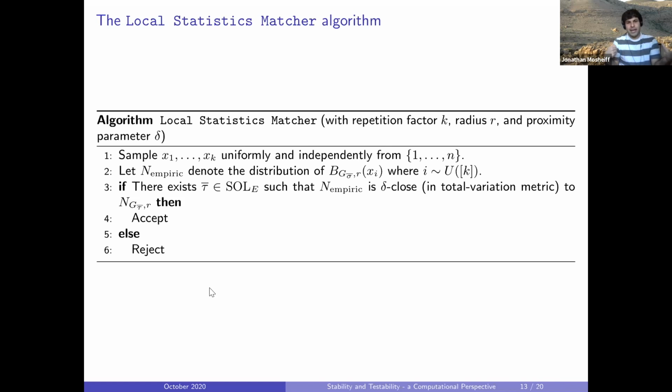Then we compare our empirical distribution of balls to the distribution that we would expect to get if our permutations were a solution. We're close enough in some metric, which I fixed to be the total variation metric, but it doesn't really matter which metric exactly we're using, because these distributions have finite support, so we're just thinking of them as two vectors. So basically any norm would be equivalent.